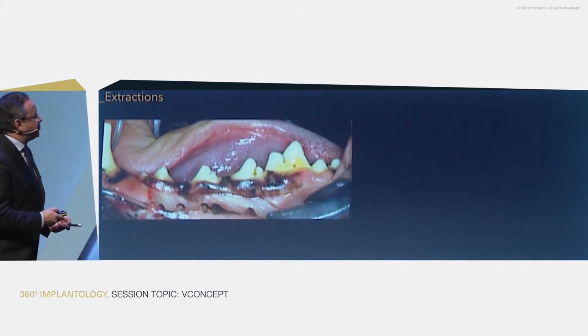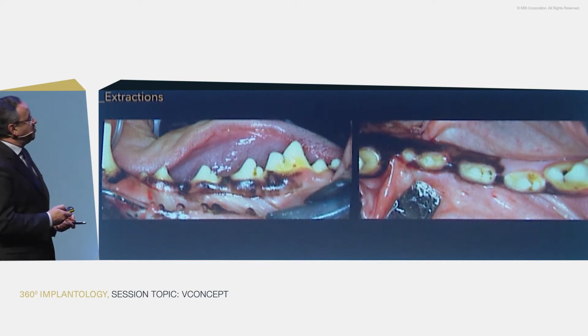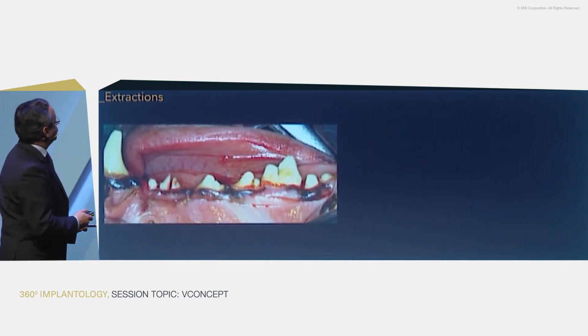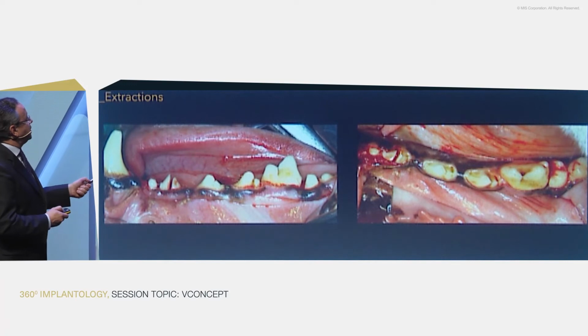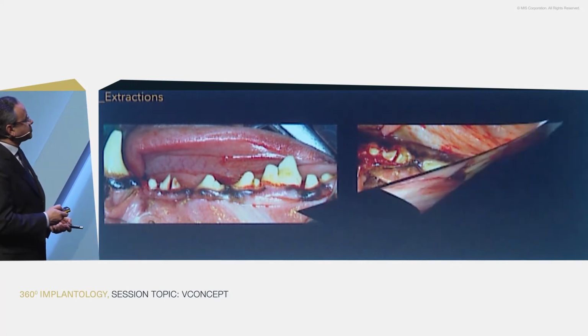So these are the clinical images, and you can see here the big molar, and here the small premolar. We basically did the hemisections of P2 and M1.